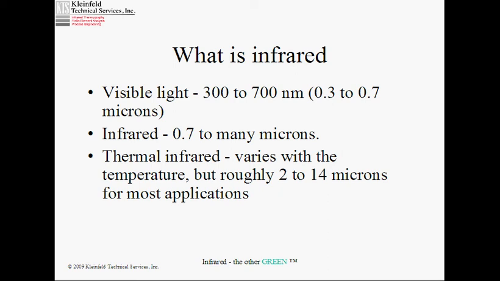Typically out to 20, 25 microns is an accessible area for infrared. It can sometimes be defined out to, say, 100 microns. Thermal infrared varies with the temperature, but is roughly from 2 to 14 microns for most applications that will be of interest to this group.